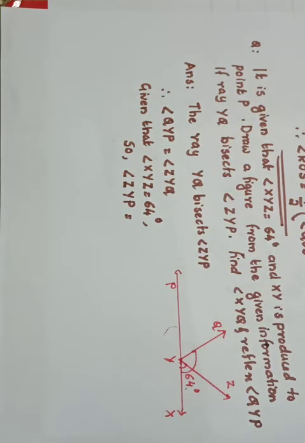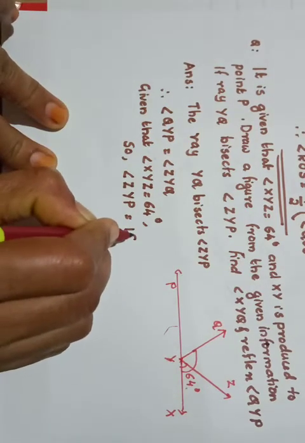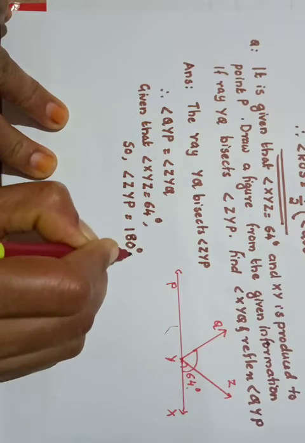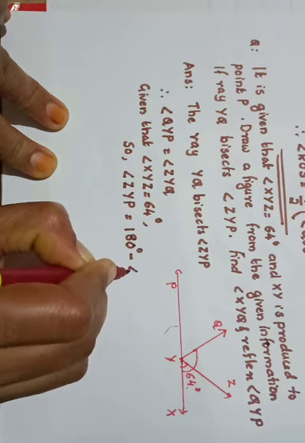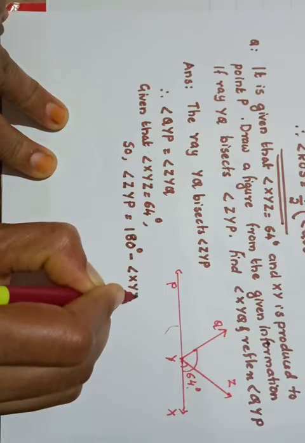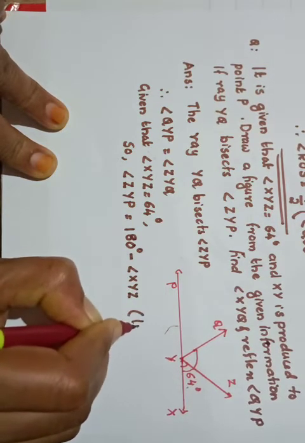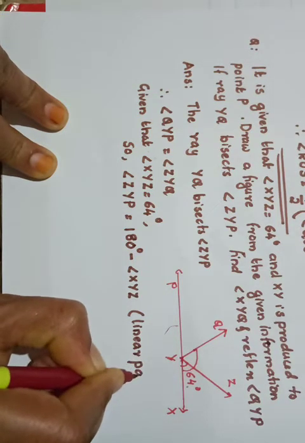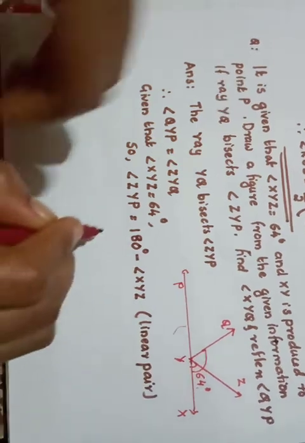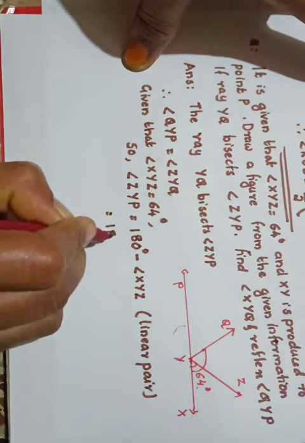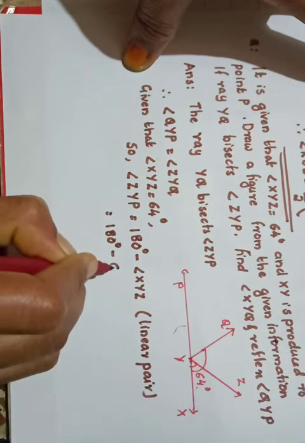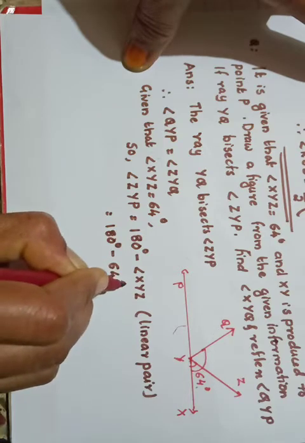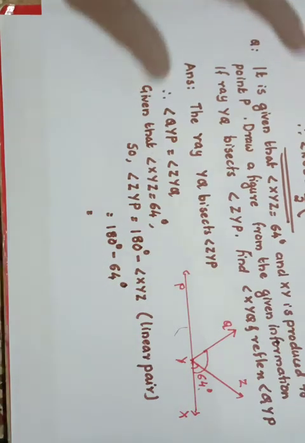So angle ZYP is equal to 180 degree minus angle XYZ, because they are linear pair. So 180 degree minus 64 degree.